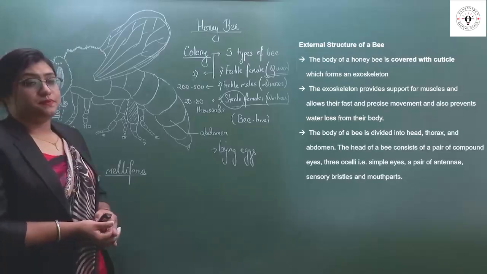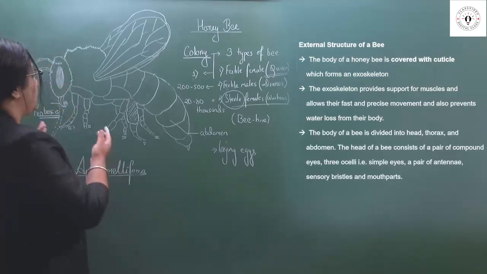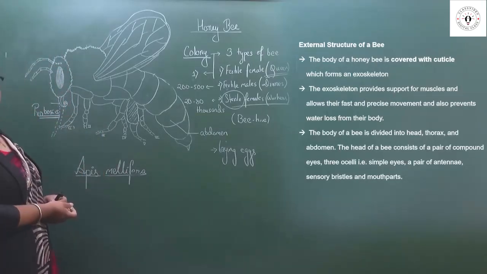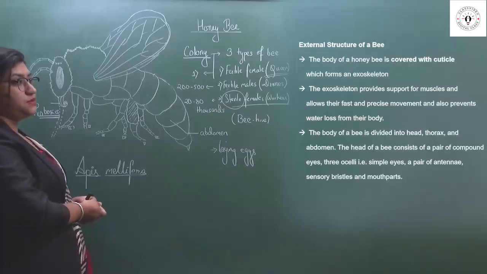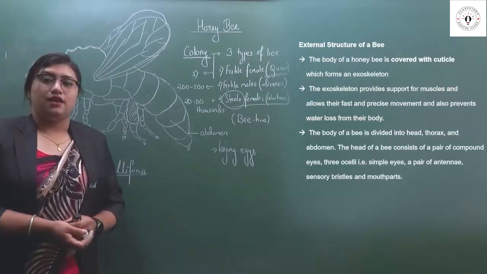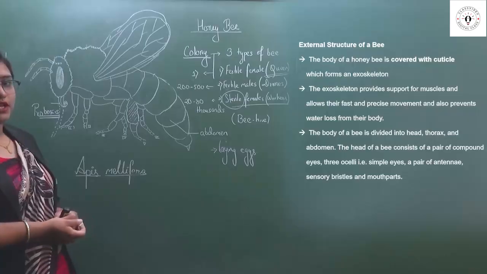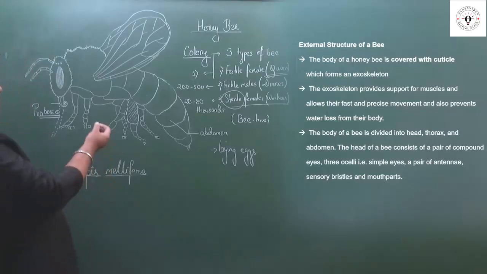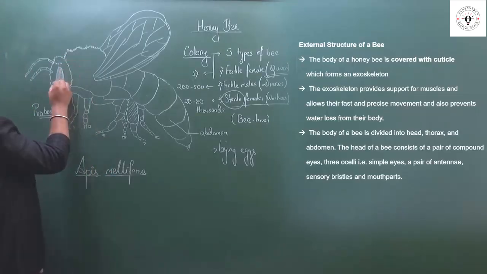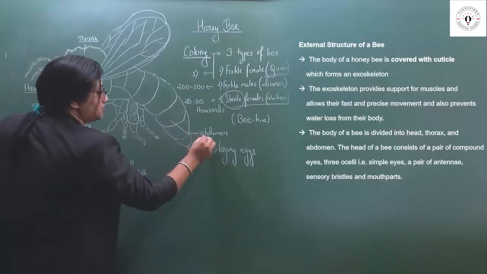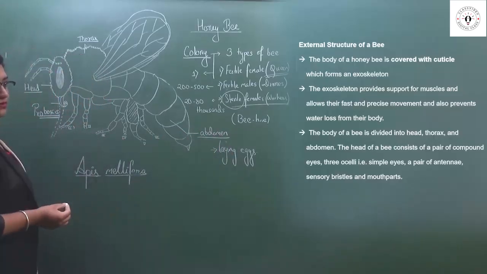Later, the honeybee's body is divided into head, thorax and abdomen. Previously, we just explained that in the previous slides, and now we are going to learn about it in a very detailed format. Here, this is the head, and here we have already discussed the abdomen.